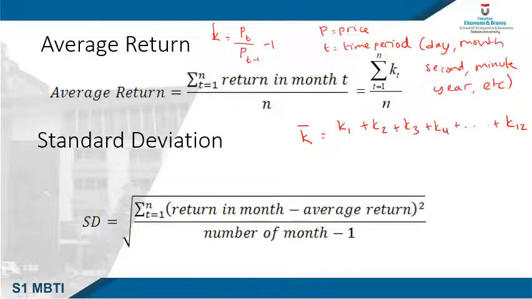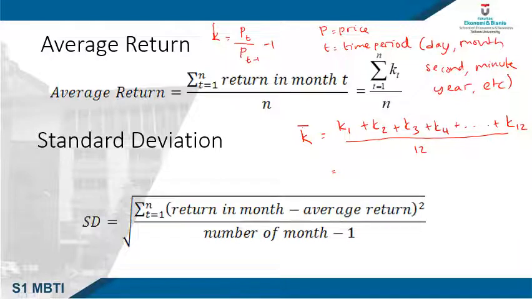So what is the end of this month then? 12, right? So here is 12. So you see here, this K1 goes to K12. So what can we conclude with this kind of statement? We can say as a formula, this is the sum of every return from a month in a year.